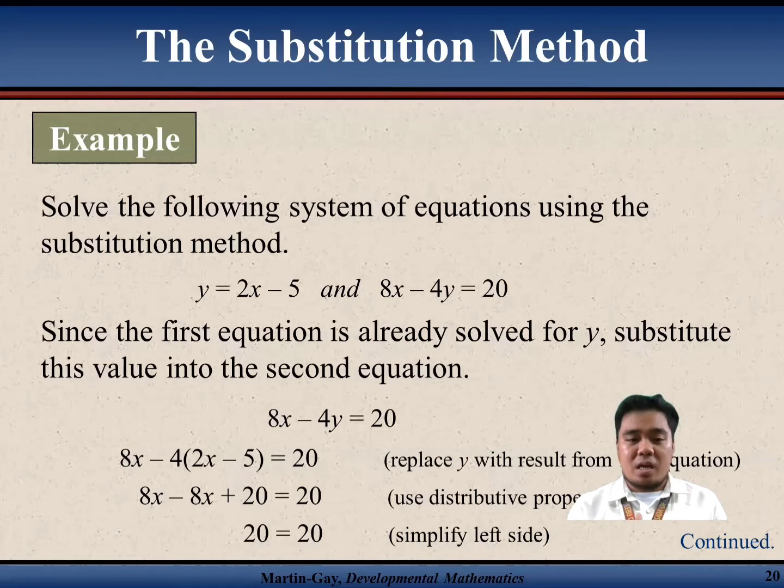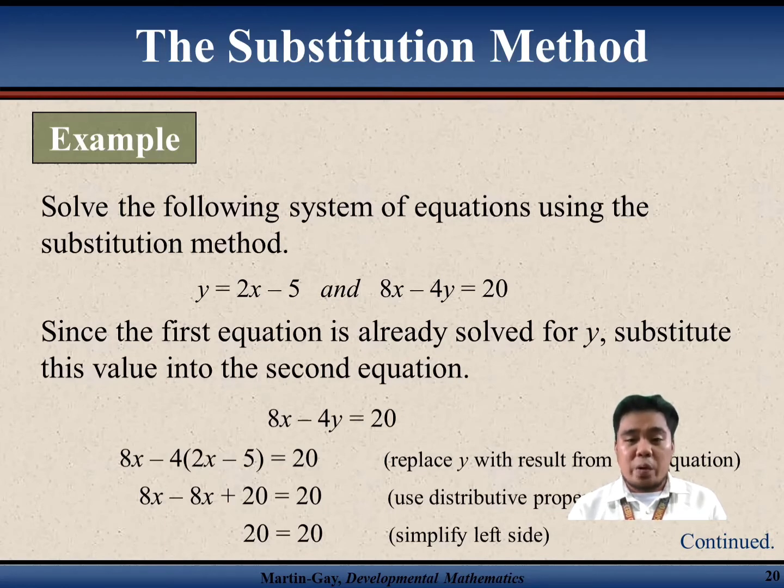So what happened as I performed that? As I substitute the value of y, that is 8x minus 4 times (2x minus 5) is equal to 20. Then I will distribute, that is 8x minus 8x plus 20 is equal to 20.